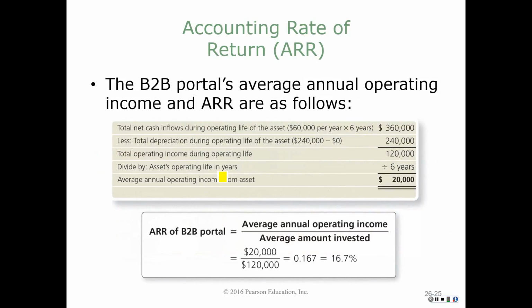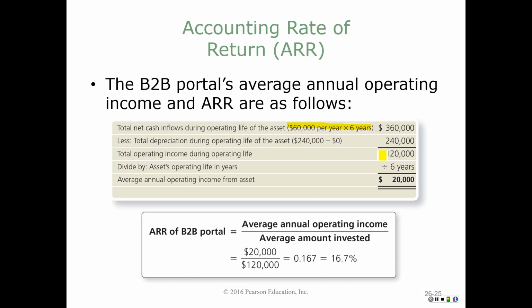So in the case of Smart Tab, if we look at the B2B portal, their cash flows were expected to be $60,000 per year for 6 years. So that's $360,000, and we want to back out any depreciation of $240,000. Remember, the B2B portal did not have a residual value, so we would completely depreciate the $240,000 over the useful life.